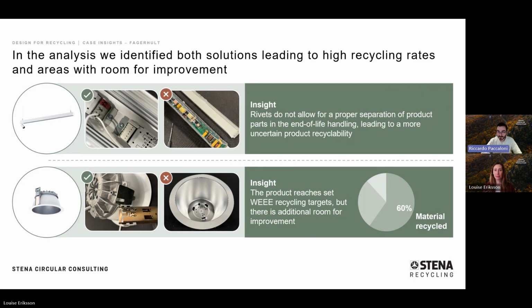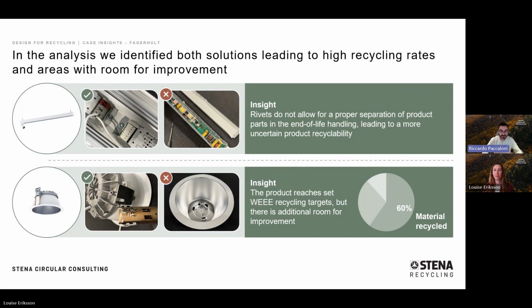So one material becomes some sort of impurity for the other material flow. Of course, there are trade-offs to consider, for instance, between making products easier to disassemble or repair, and making them easier to shred in a mechanical recycling process. That said, even if a product would meet the WEEE recycling targets due to its design, there is often room for improvements.